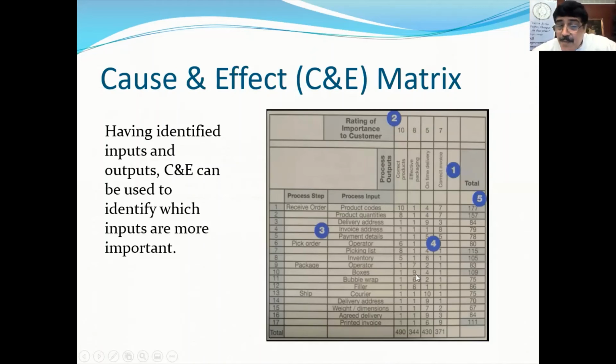Now, this number 9 here means: how are boxes related to effective packaging? 9 means it's highly correlated. If you don't have the right boxes, you will not have good packaging. That's what it means.